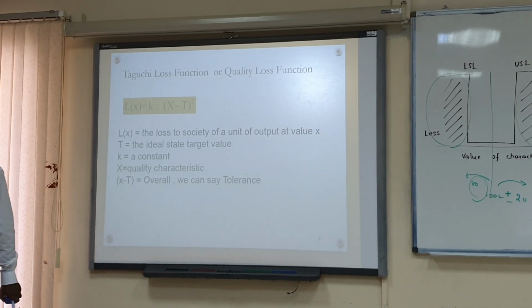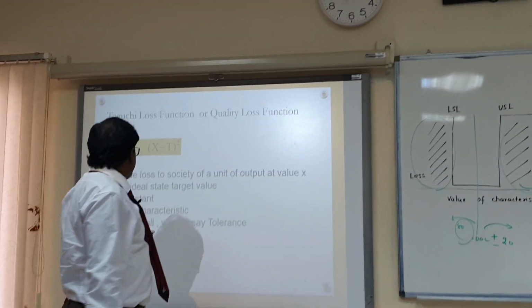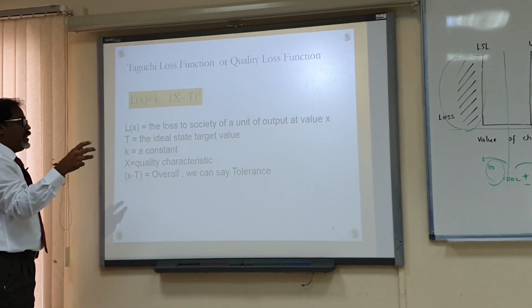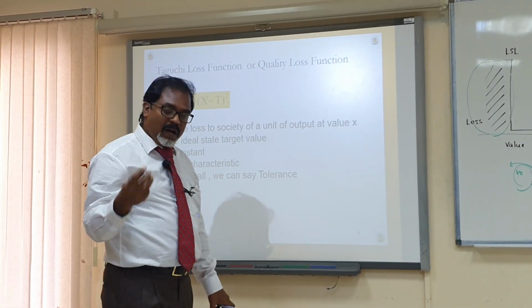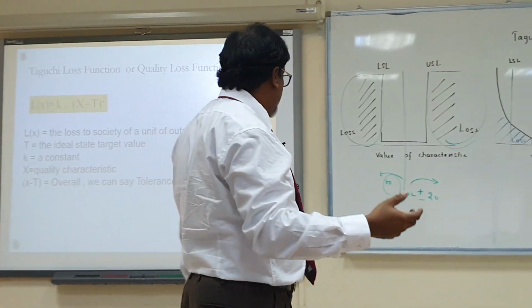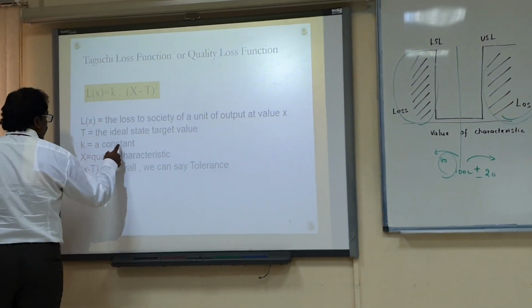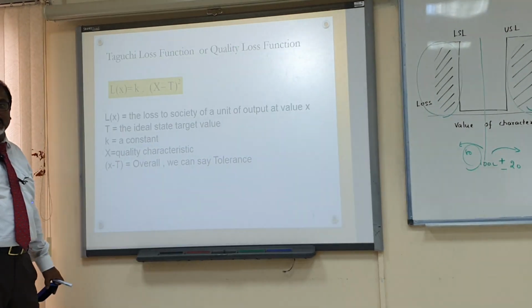See how to calculate the loss. Here, L(x) = k(x - T)^2. L(x) is the loss to the society or loss to the company. So both are possible to calculate. T is the ideal state, that is the targeted value.